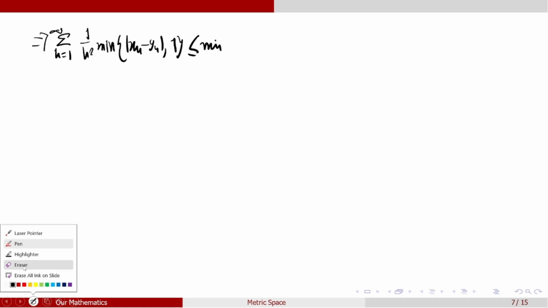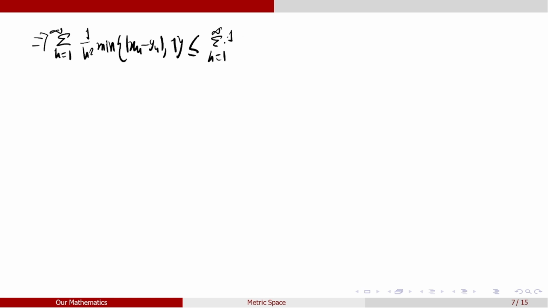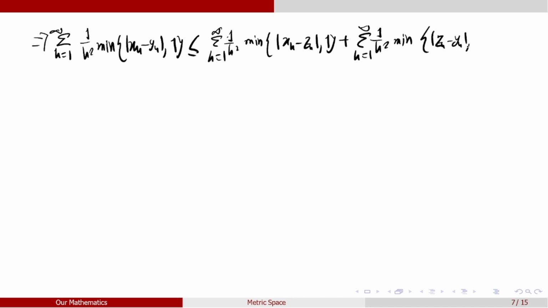summation k is 1 to infinity 1 by k square minimum of mod of xk minus zk comma 1 plus summation k is 1 to infinity 1 by k square minimum of mod of zk minus yk comma 1.